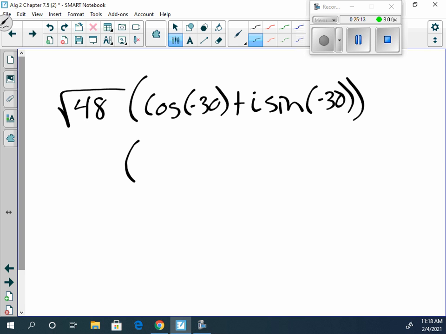I think that should come out to a whole number or a fraction. Do the same thing for sine.